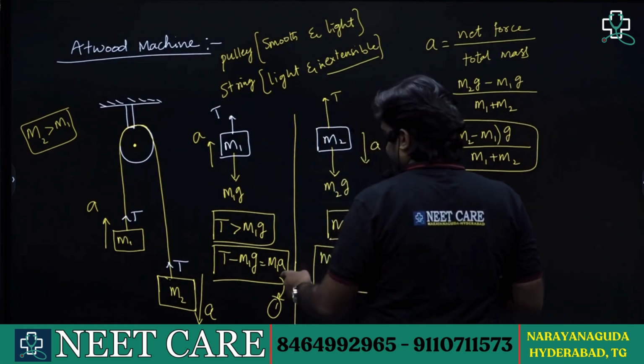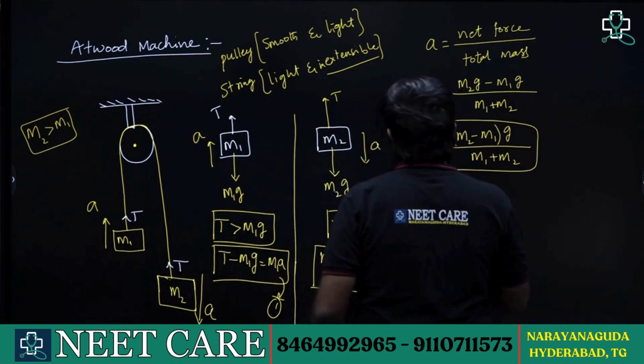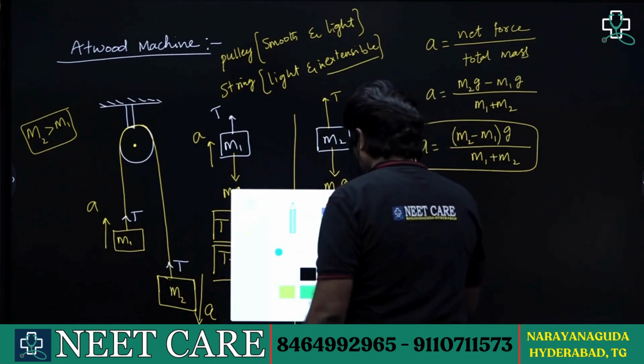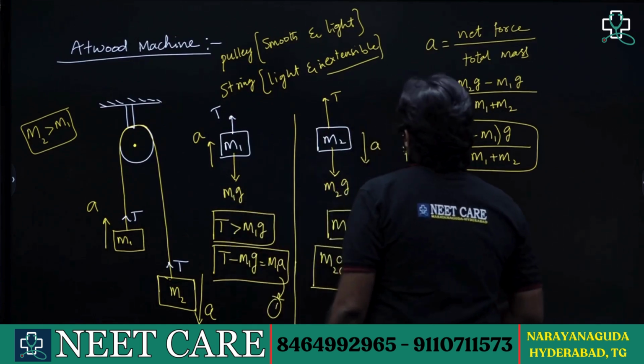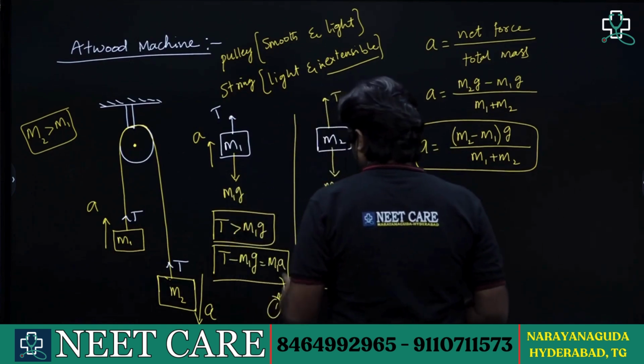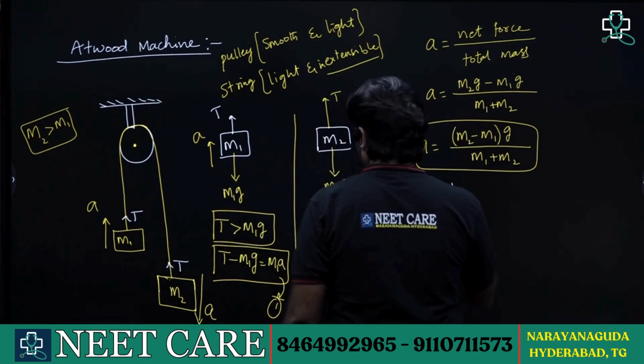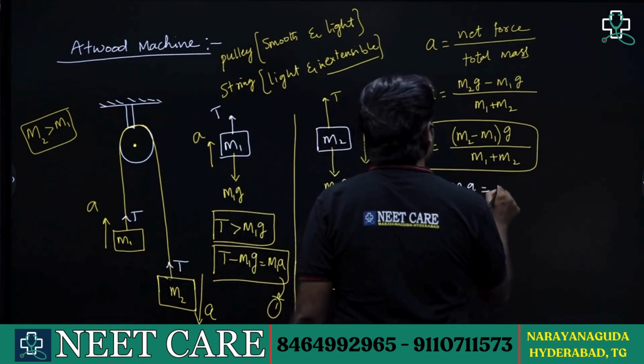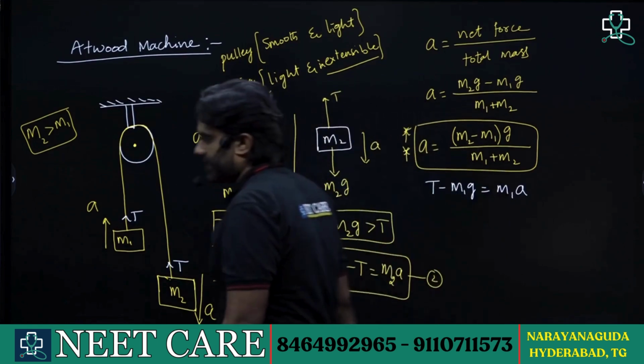And for getting tension, you take either this or this. So I'm taking the first formula. From the first formula, I can write T minus M1G is equal to M1A and make T the subject.